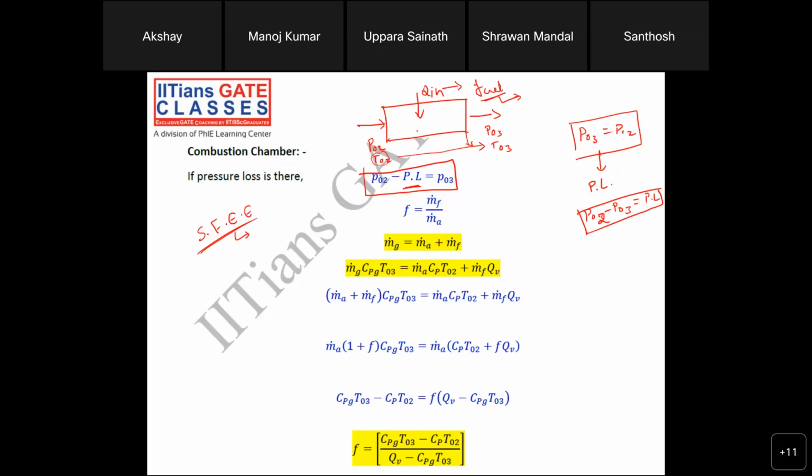Considering all other processes, only the contributions are from the energy level at the entry station 1, the energy level at station 2, and whatever energy you are adding in between, nothing else. What happens to change that energy you are not interested in; you are just interested in what is there at the entry, what is there at the exit, and what you are adding into the system. That's it. It basically deals with system boundaries.